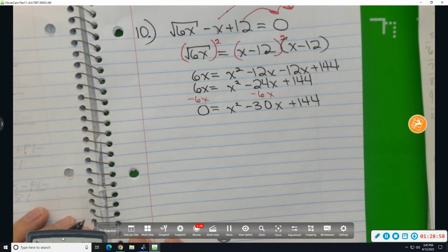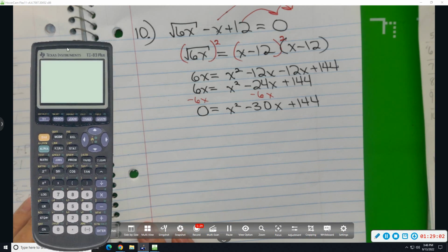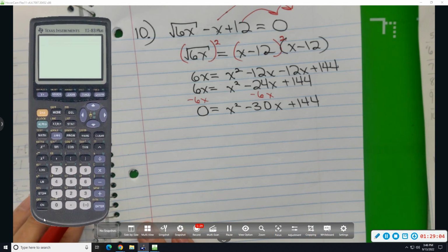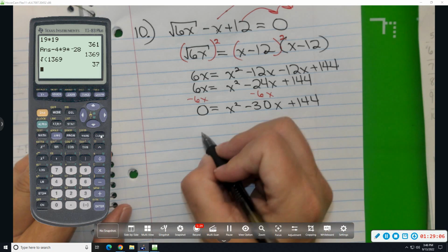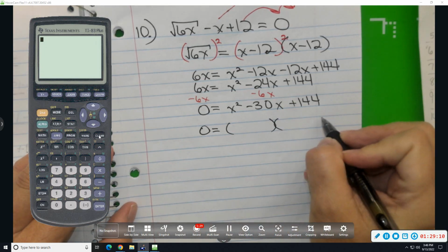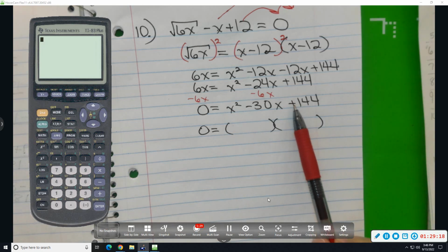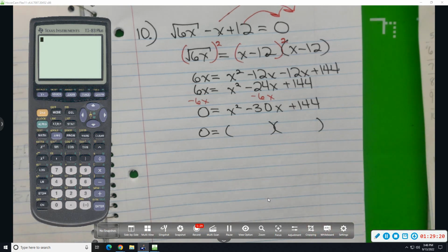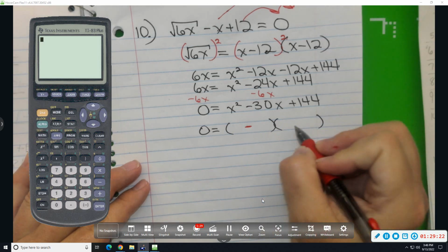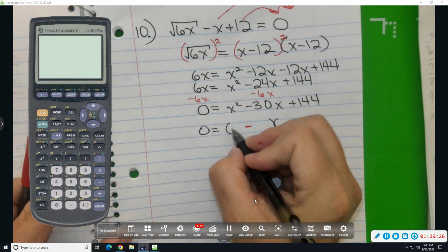Well, oh gosh, 12 times 12 will give us 144, but that's not going to give us that minus 30x. So let's see. Second sign is plus, so two of the first sign. Why don't you write the x and x and the minus, minus? The second sign's a plus, so you have two of the first signs. Minus, minus, and x squared, that's x times x.